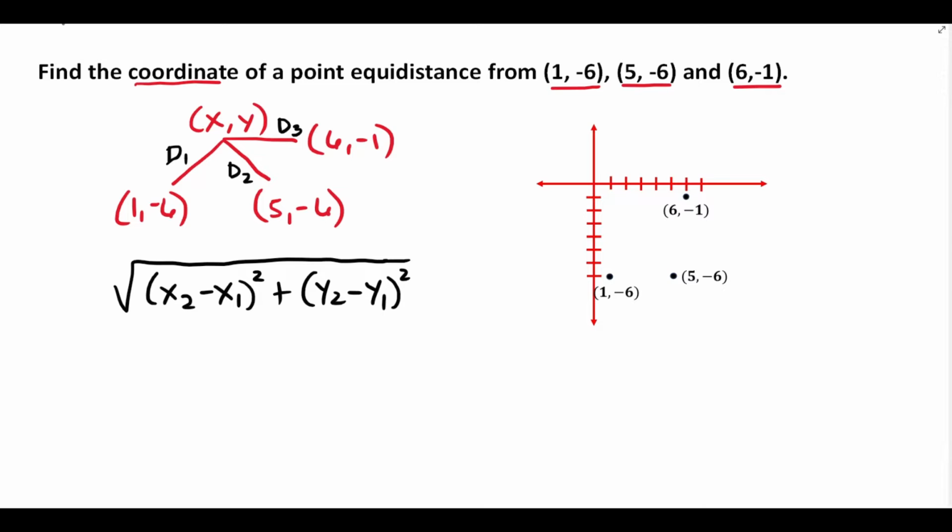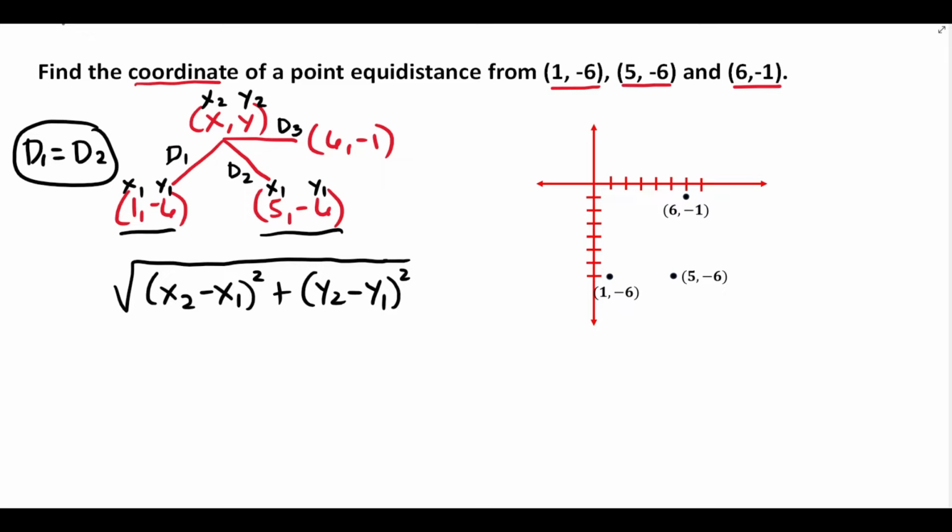So using these two distances, since distance 1 is equal to distance 2, we let this point as x sub 2, y sub 2, and this point as x sub 1, y sub 1.